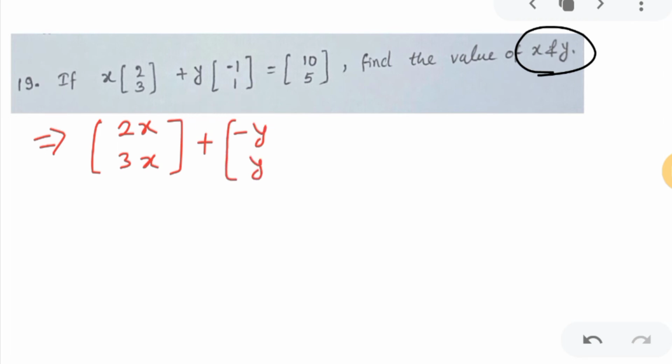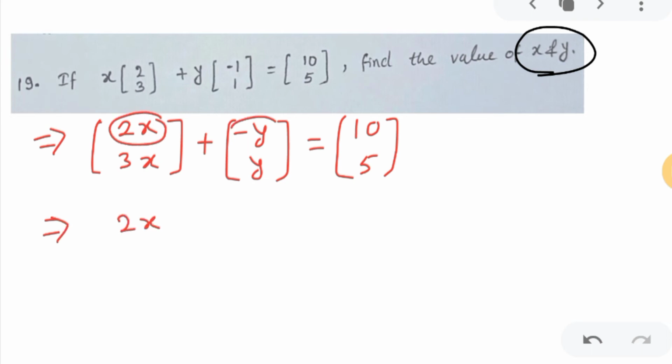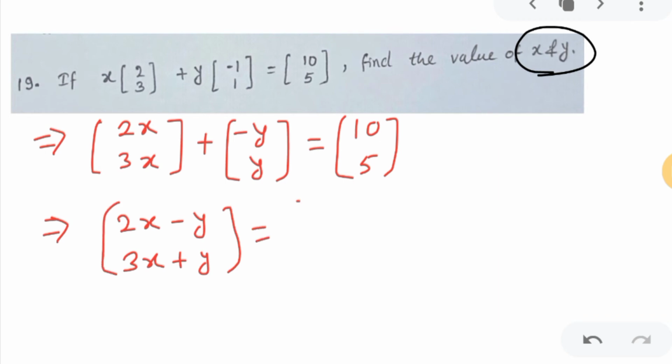This second matrix is equal to 10, 5, it is given. So if I add the left side matrices, corresponding elements will be added: 2x will be added with minus y, so 2x minus y, and 3x will be added with y, so 3x plus y, corresponding elements will get added, correct? And the right side matrix is 10, 5.